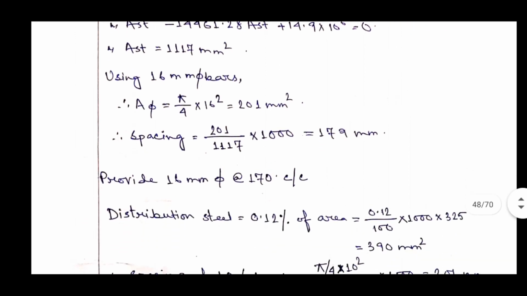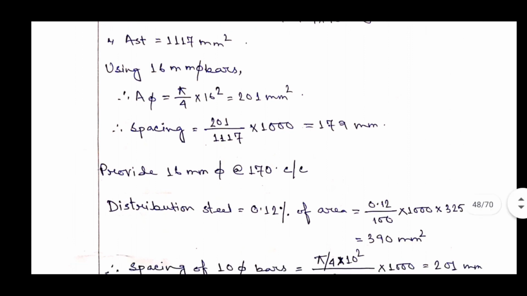Now, distribution steel is 0.12% of the area, because this is HYSD bar. As per IS 456 2000 it is 0.12% of the area. So 0.12 by 100 into 1000 into 325. 325 is overall depth, that is equal to 390 mm square.